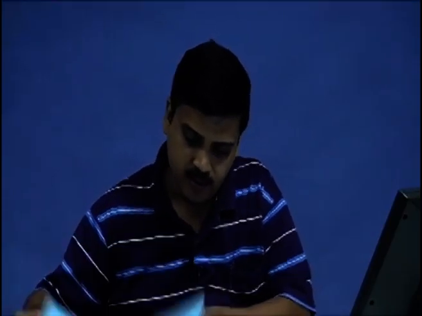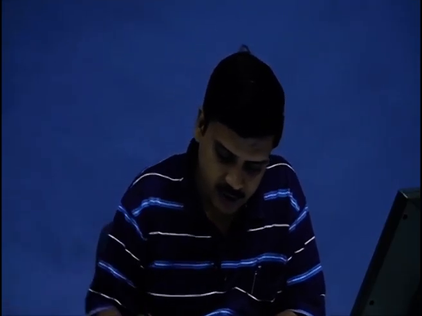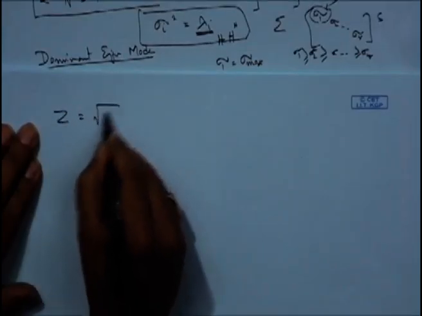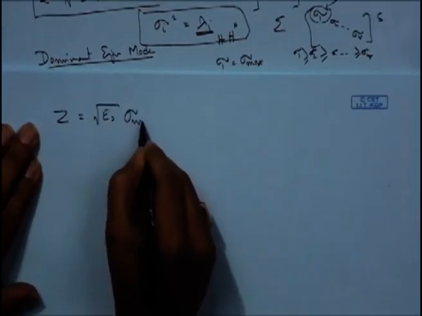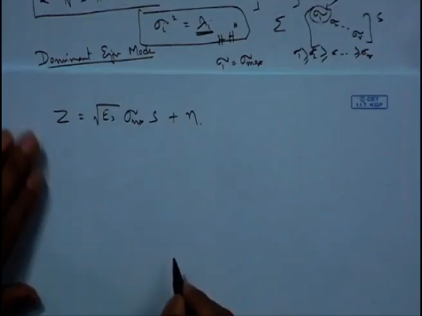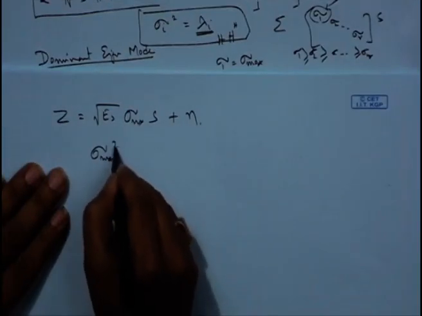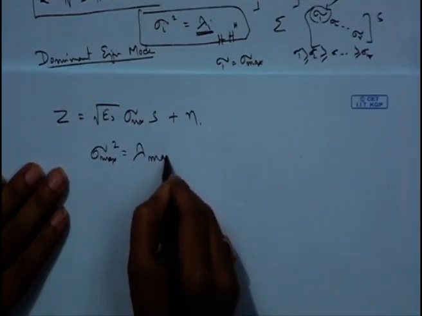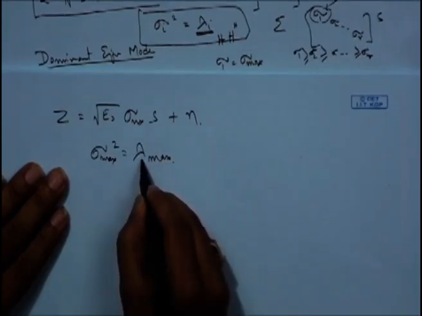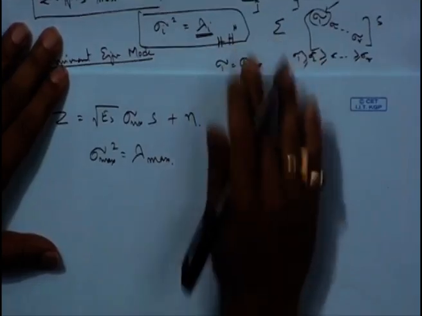So, from this what we have is the received signal Z is equal to root over ES sigma max S plus the noise, and of course, we remembered that sigma max squared is equal to lambda max, where lambda is the eigenvalue of H Hermitian H, which is evident here.